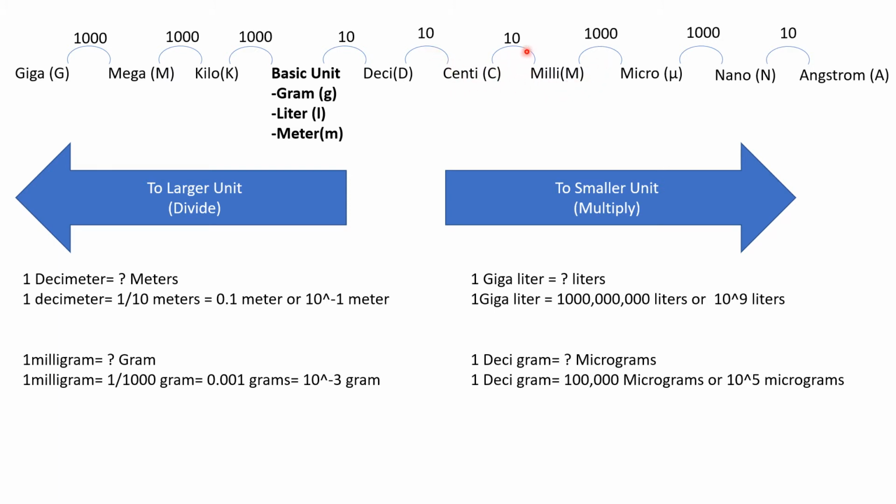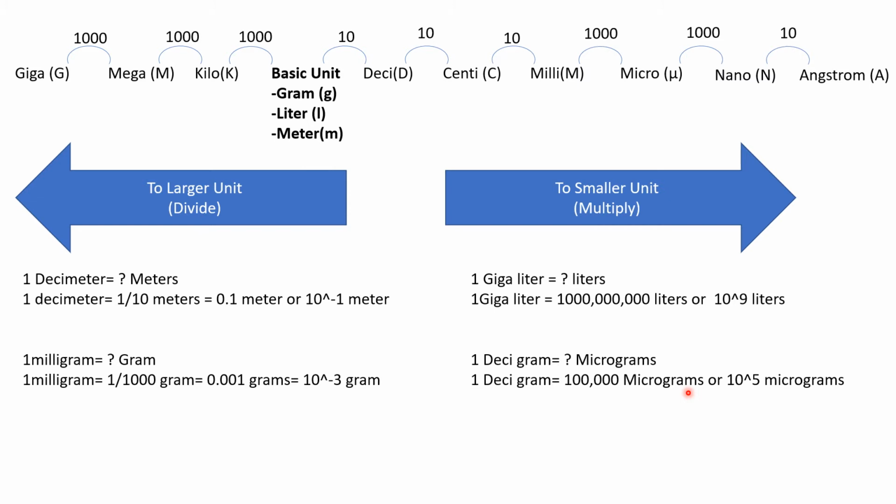So you have 3 loops. 2 of them are worth tens, and then this one is worth 1,000. Again, you're going to multiply all of them. So 1,000 times 100 is going to give you 100,000. Don't forget to write down your units. So 1 decigram is equal to 100,000 micrograms.